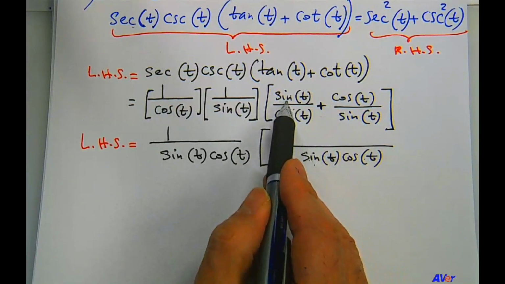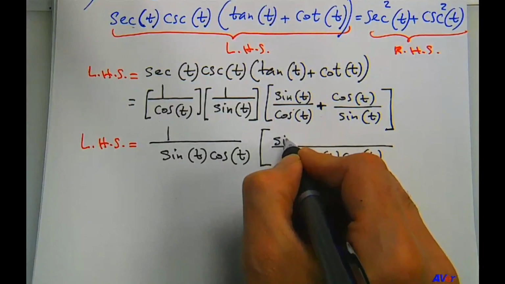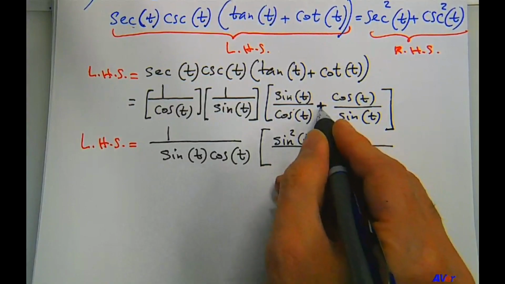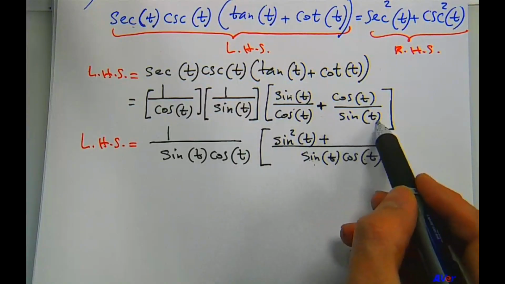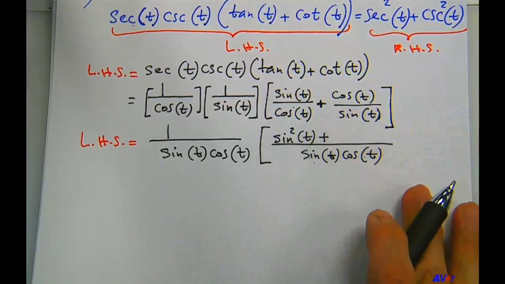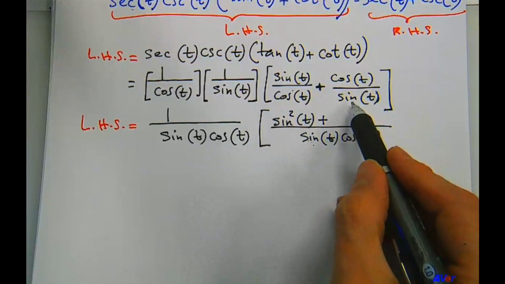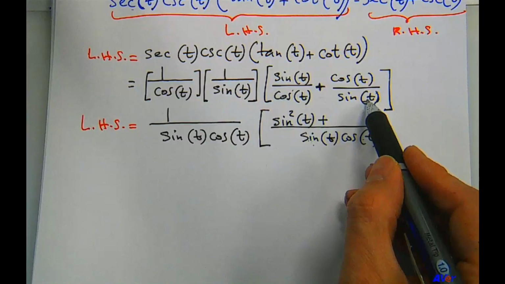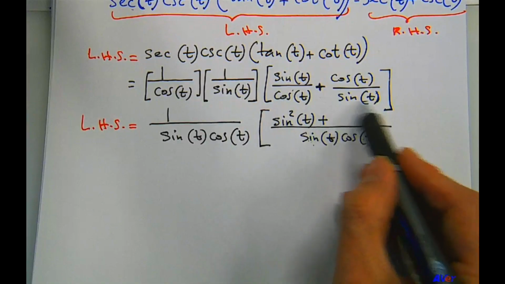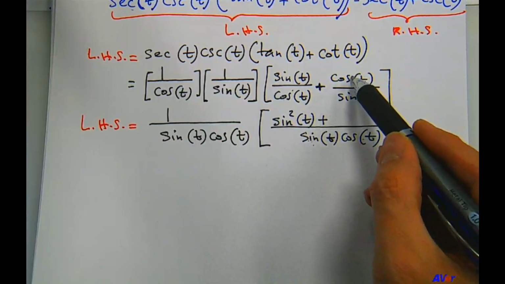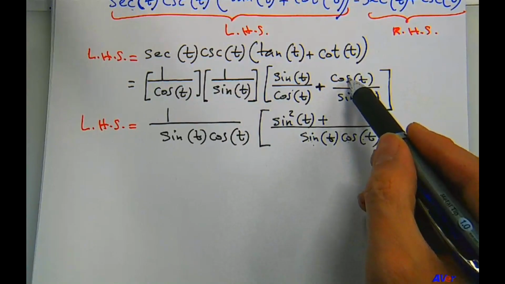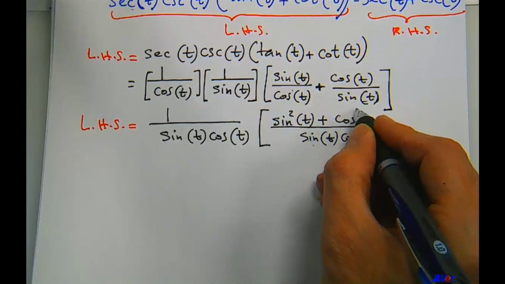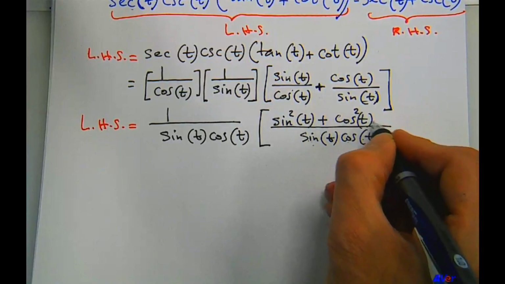Sine of t times sine of t is equal to sine squared t, plus. Now compare this denominator with the common denominator we have. What is missing from here? Cosine of t is missing, so multiply the numerator of this fraction by the term that is missing. So cosine t times cosine t is cosine squared t.